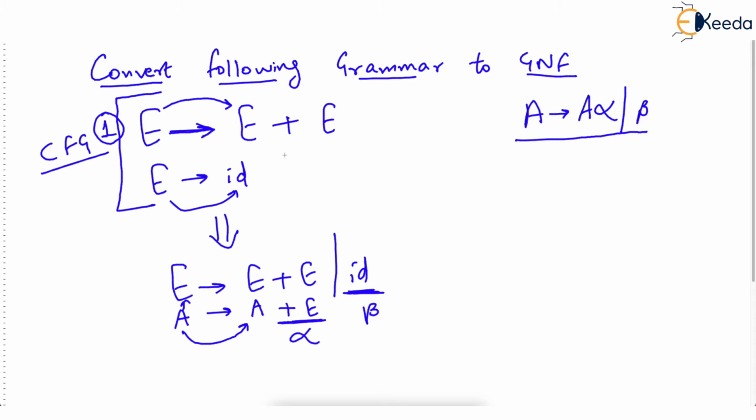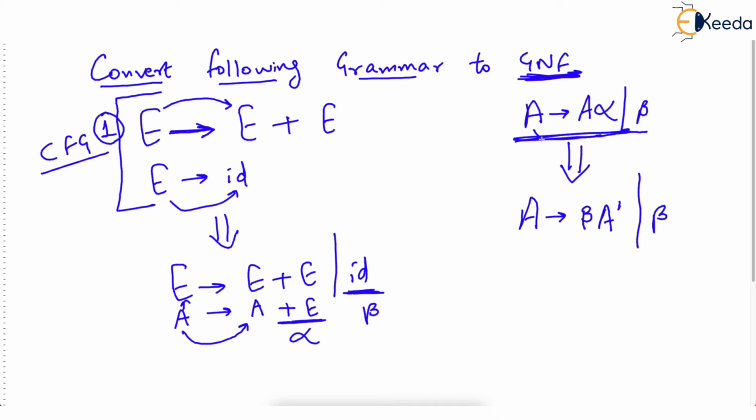So what we should do if a left recursive grammar is given and we are asked to find out GNF? The only way is to remove the left recursion. So what did you learn in the earlier videos? How do you remove left recursion from this grammar? You rewrite this grammar as A derives beta followed by a new symbol A dash, or simply beta.